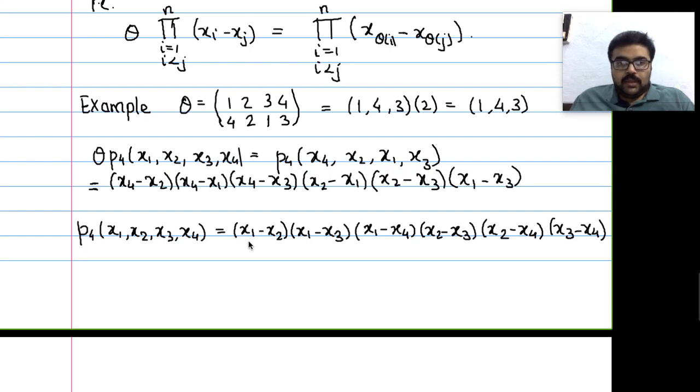In P4, we have x1 minus x2, x1 minus x3, x1 minus x4, then x2 minus x3, x2 minus x4, and x3 minus x4 finally. Now theta P4: x1 minus x2 is here. Is x1 minus x2 available elsewhere? Here it is x2 minus x1. So there is going to be a minus sign. So I can write this as minus 1.